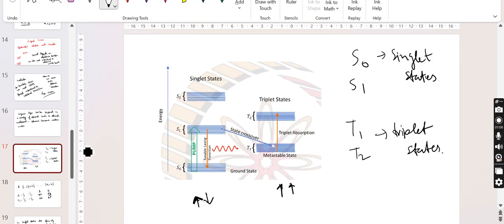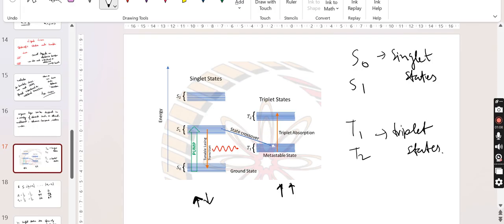But there are also problems here. The first problem is that there can be a crossover. Some molecules from S1 can go to T1. So that will lessen the population inversion.